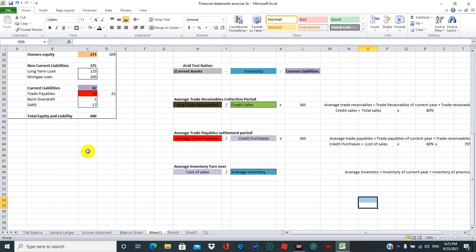And then the average trade payables settlement period is about the same. Your average trade payables, which you see there, the red one, divided by your credit purchases. Now if you go back to the page, 75% of purchases are on credit and purchases equal 60% of the cost of sales.